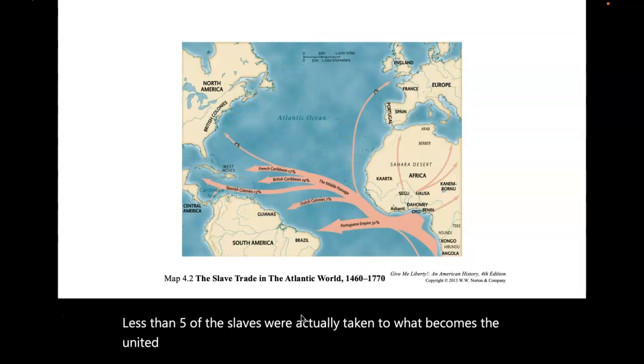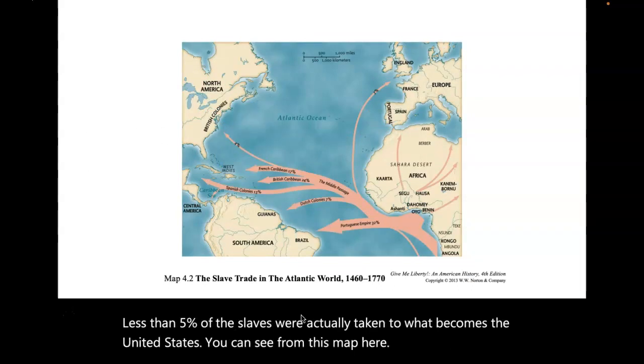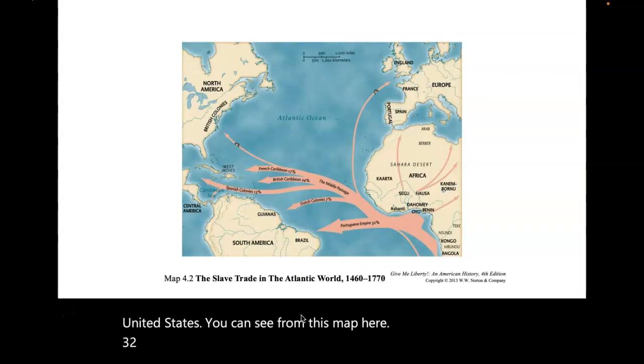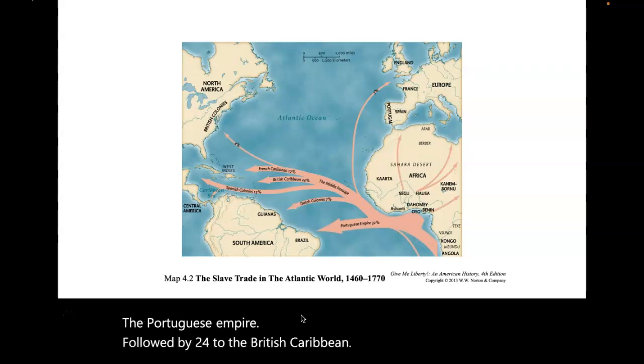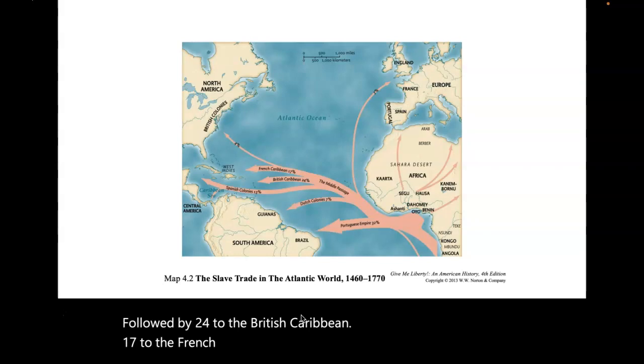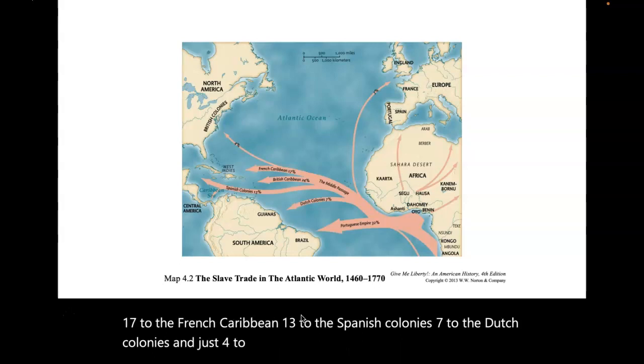You can see from this map here, 32% of slaves went to the Portuguese Empire, followed by 24% to the British Caribbean, 17% to the French Caribbean, 13% to the Spanish colonies, 7% to the Dutch colonies, and just 4% to the British colonies.